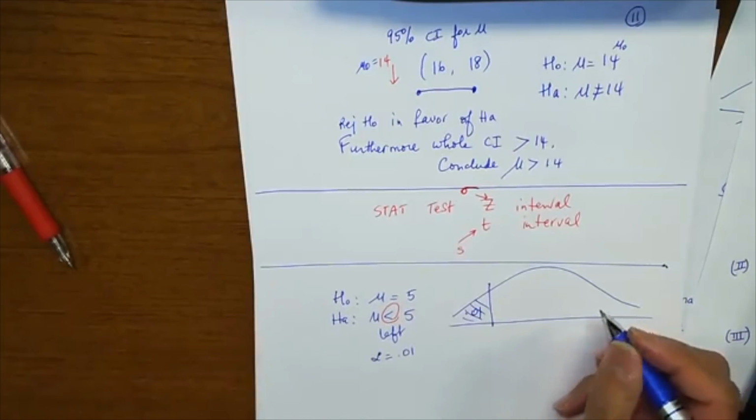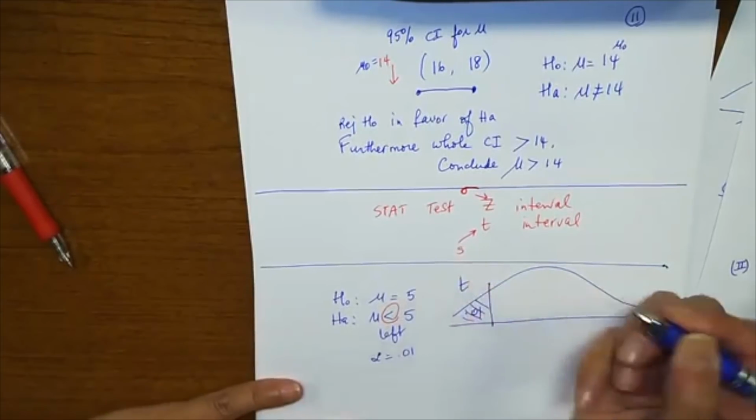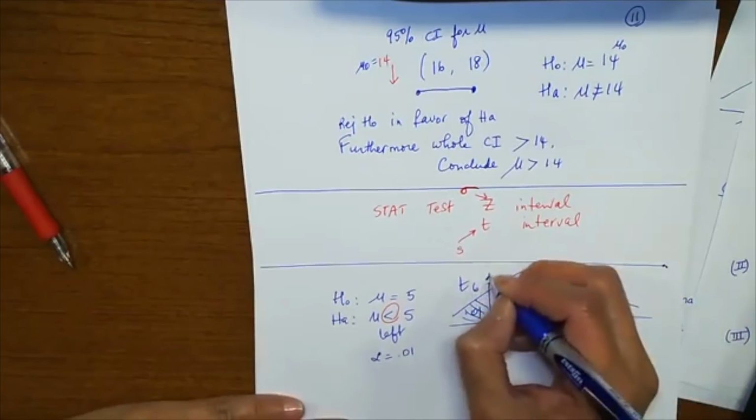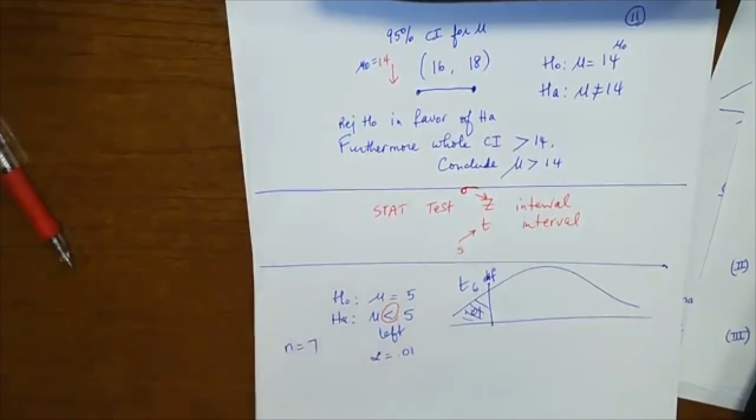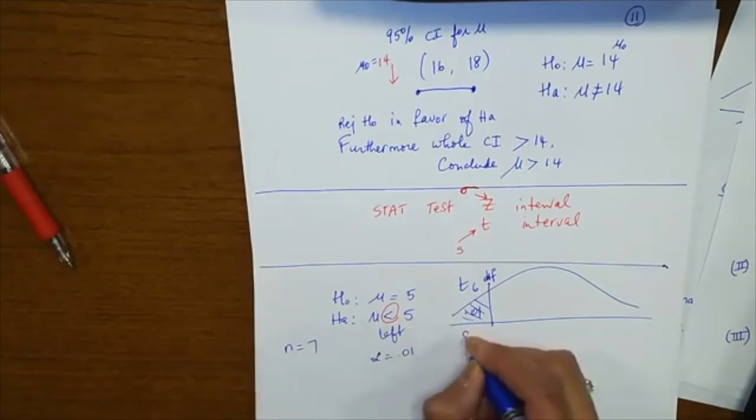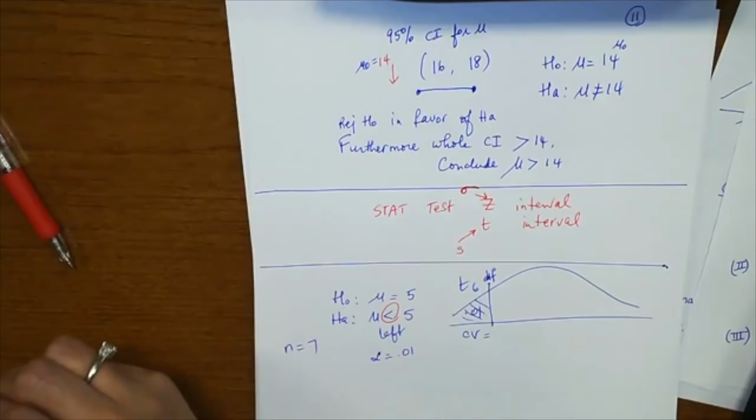And let's say that it's a t-test. So t with 6 degrees of freedom. N was 7. Therefore, it's t with 6. First, find the critical value. Can you get me one critical value from your t-table?